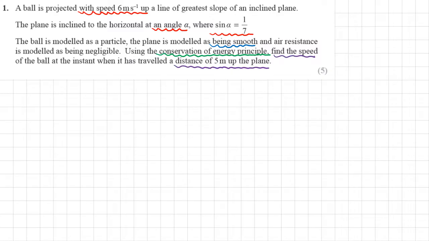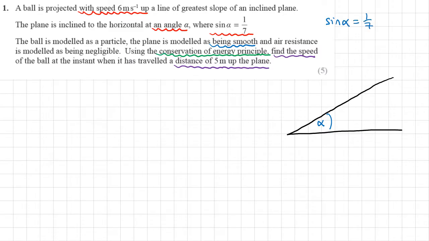Okay, right, so the first thing I'm going to do is to draw a diagram to show everything that's going on. So here's my inclined smooth plane at an angle of alpha, and I've been told that sine alpha is 1/7. Now what we don't do is do the sine inverse of 1/7 to find the angle. We don't need to. You'll see as we go through the working.